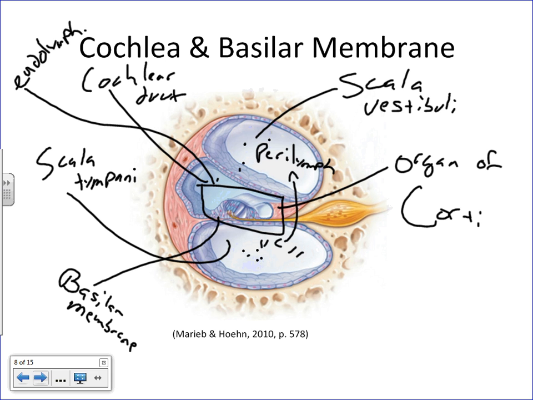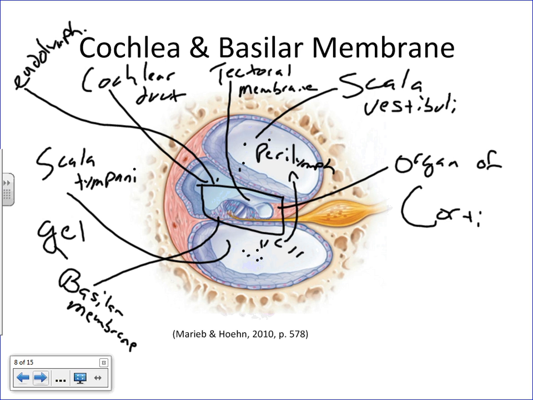Okay, and which is very, very gelatinous in nature. So it's very, very soft and it's easy to displace. Okay, and then we've got what's called the tectoral membrane. The tectoral membrane.